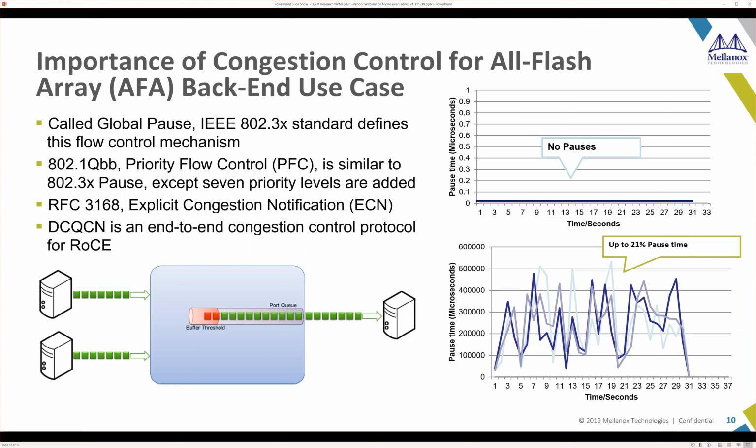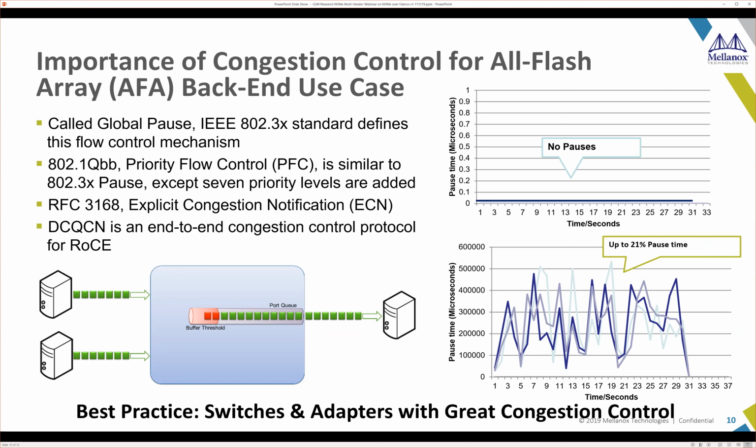And here you can see ECN that has been set up correctly, and the switch is well designed to handle it, and you're getting no pauses, so you're maintaining your latency and your bandwidth. So the best practice on congestion is to make sure your switches and adapters have really good congestion control.